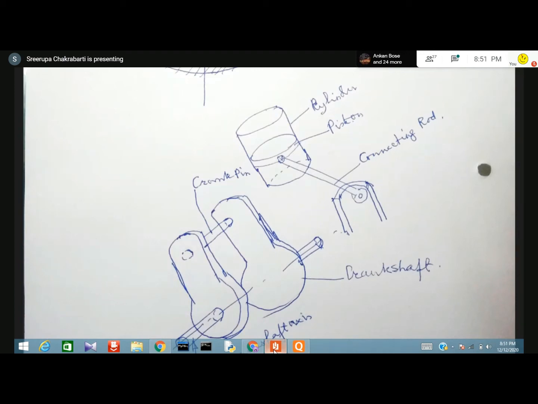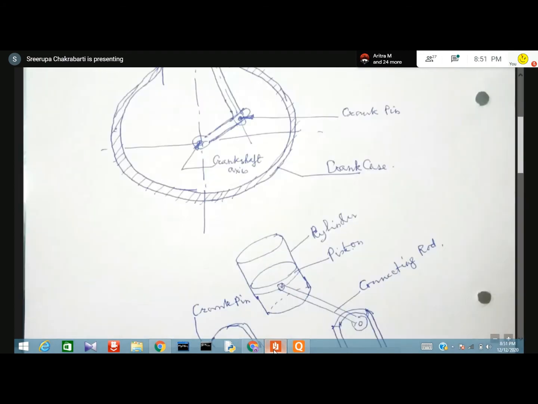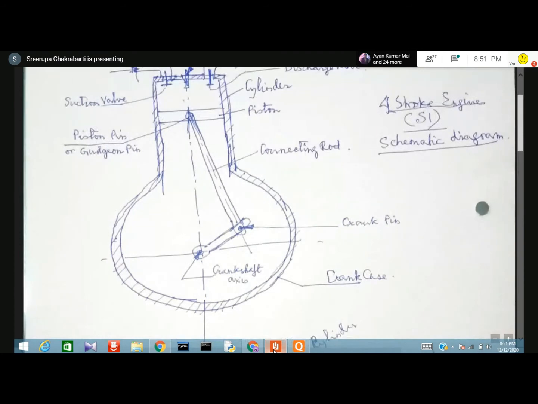And this integral thing is produced by forging, in order to provide some quality within the material so that it can withstand this fluctuation in stress, and it develops high fatigue strength.